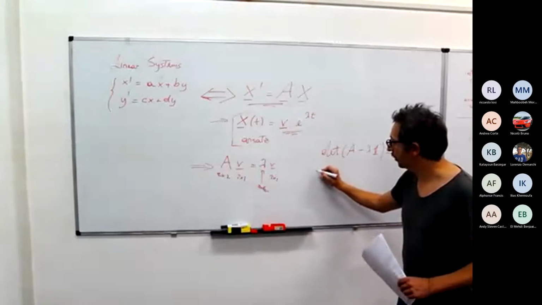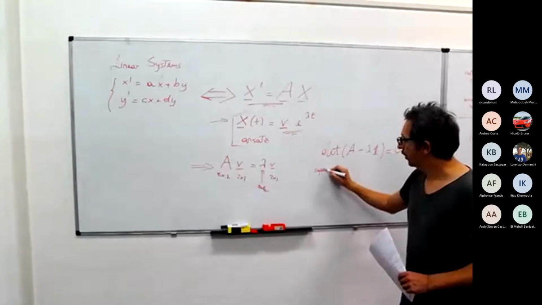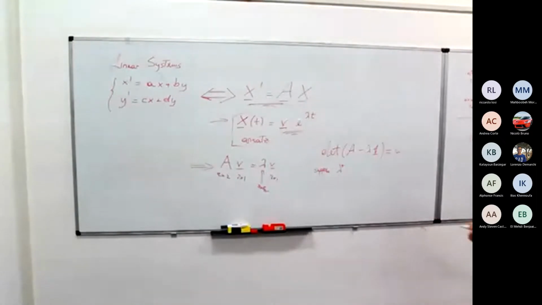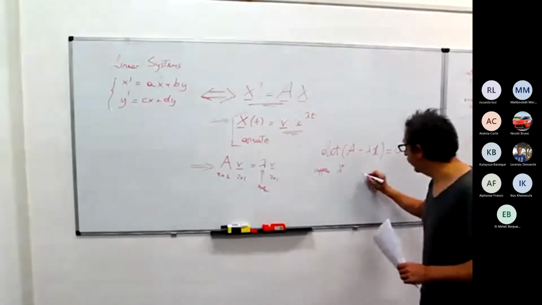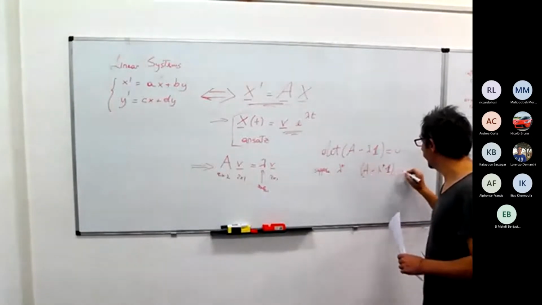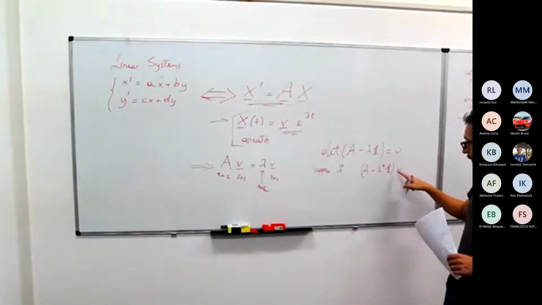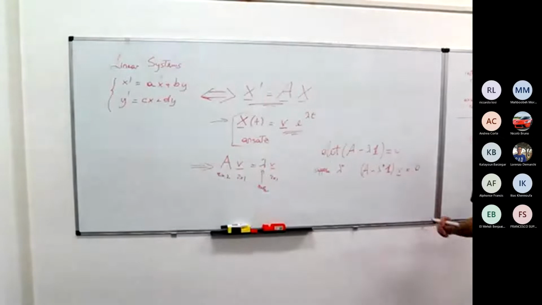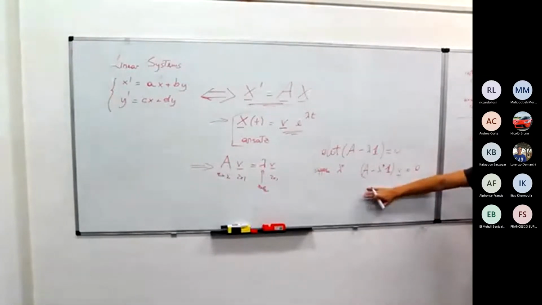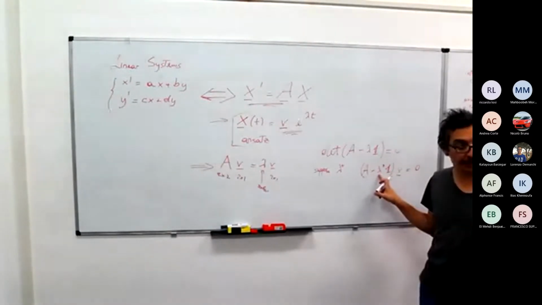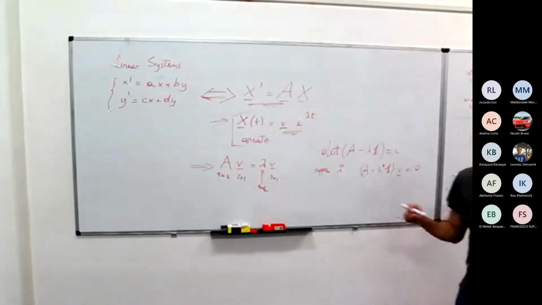Suppose that lambda star is some specific eigenvalue of the matrix A, then A minus lambda star times the identity matrix, multiplied by the vector B, should be equal to 0. If you solve this equation, you will be able to find the eigenvector B corresponding to the eigenvalue lambda star. Okay?